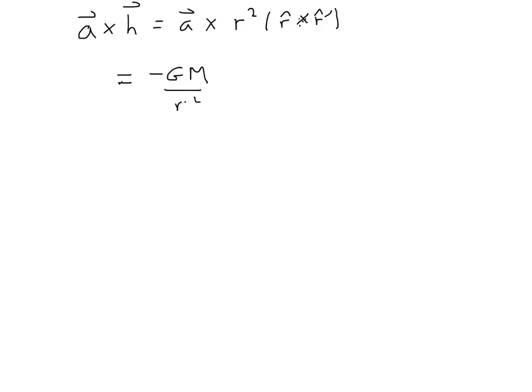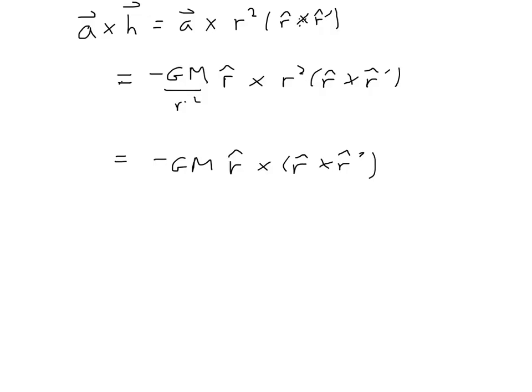So we get over the r squared and then we get r hat. And so cross that through. And then we'll distribute this over here and then over here. And remember the r hat cross r hat here will be 0, so that goes away. And note that the r squared in the denominator here cancels with the r squared here. We can move the constants.